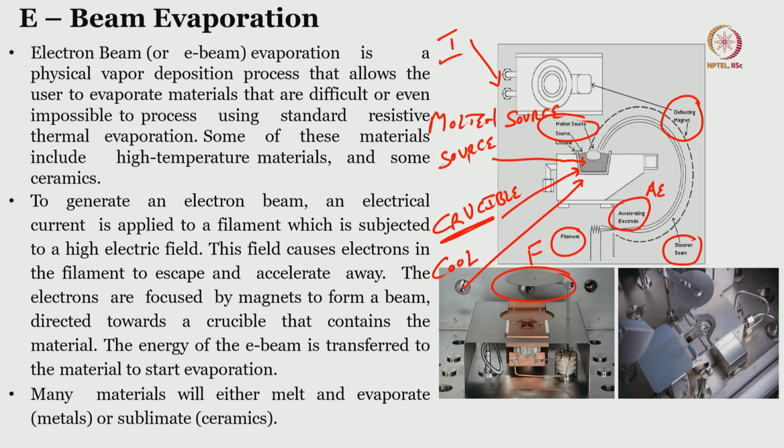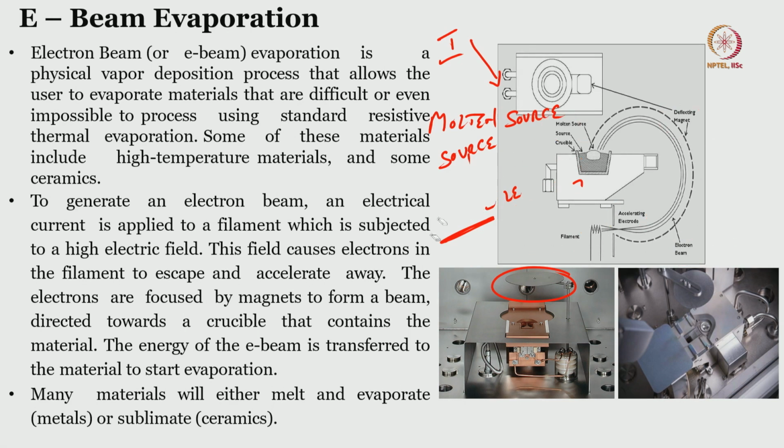Let me just erase the other things. The circle that is left here is the shield that we were talking about, correct. Now, this shield will block the material that gets evaporated.